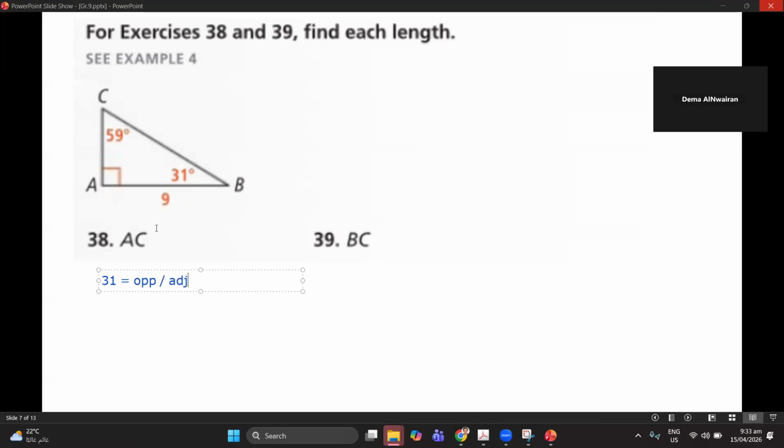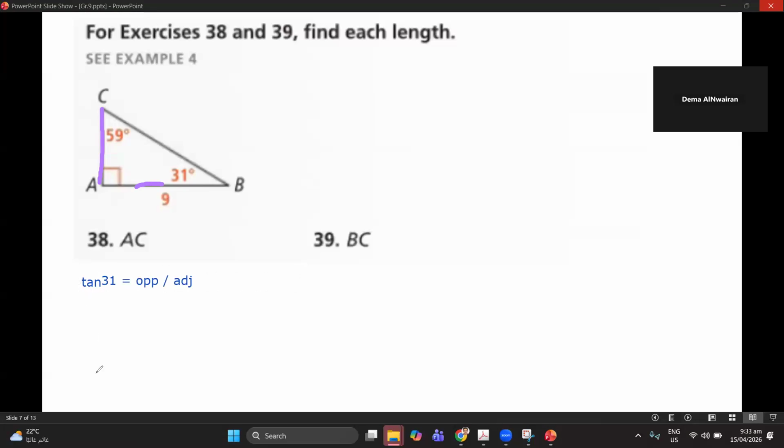Because they don't ask you to find BC, they ask you to find AC. So I have an adjacent and the opposite. The opposite over adjacent is tan. Excellent. So tan of 31 is opposite over adjacent.